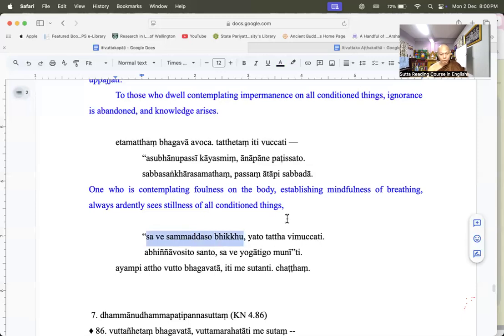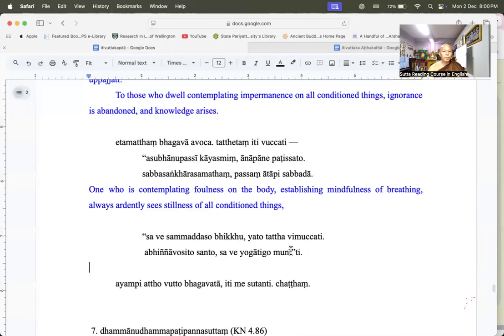So the sentence has not stopped yet; it continues with that person. So bhikkhu, that monk who sees here, samma daso. Samma, and the root dasa.